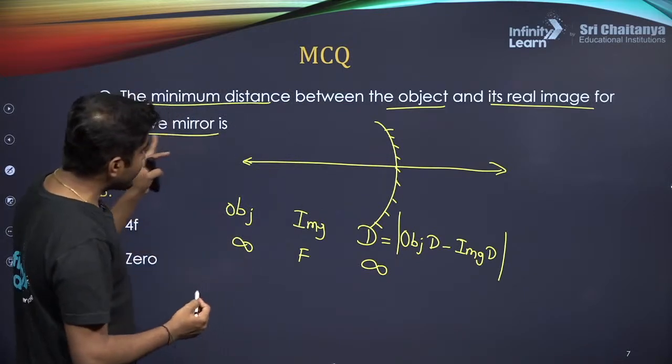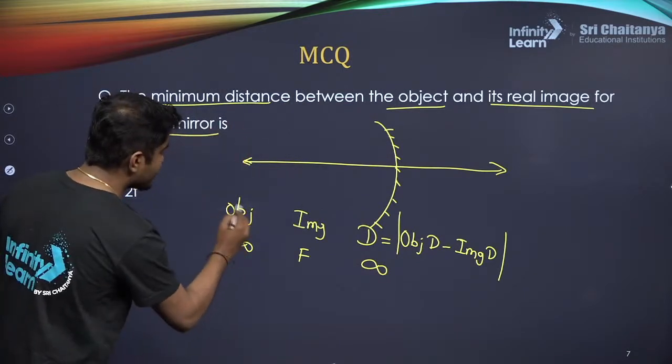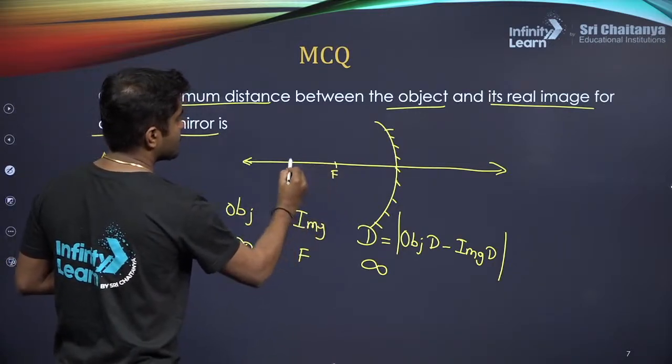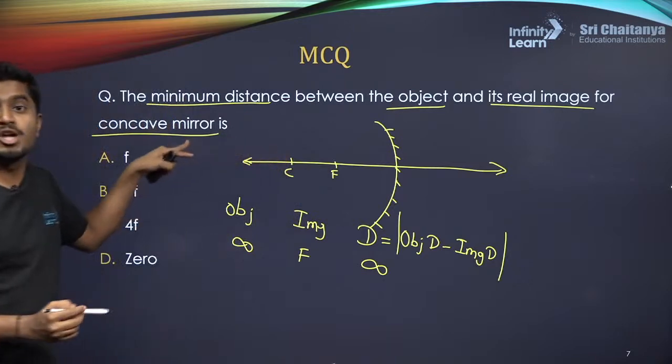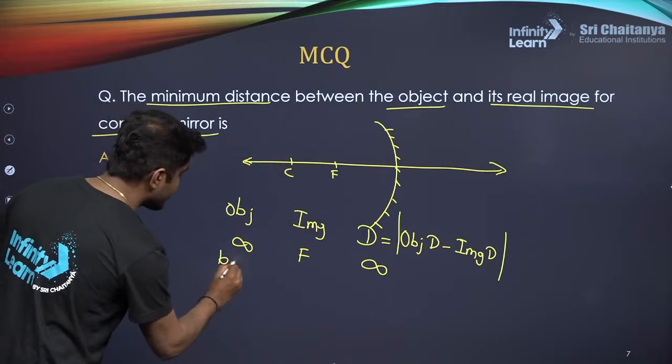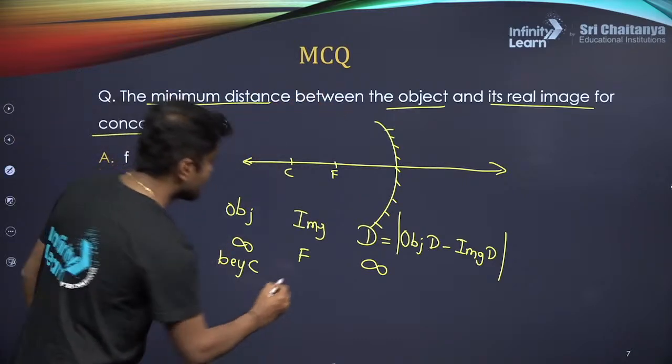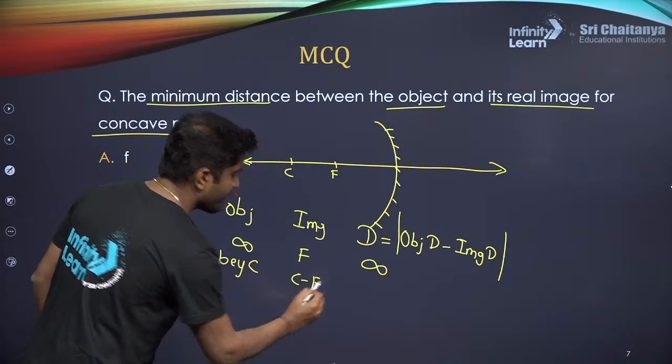Then when you bring the object closer, let's suppose there is a focus and there is a center of curvature, and the object is beyond C. When the object is beyond the center of curvature, the image will form between C and F.